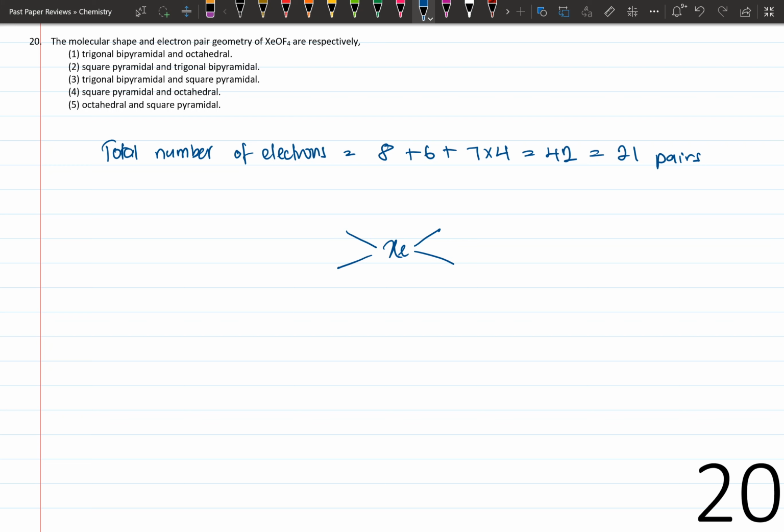So we draw the 5 bonds which constitute 5 electron pairs, and now we place the lone pairs around the atoms. Here we can form a double bond between Xe and O, and this is the Lewis structure of XeOF4.